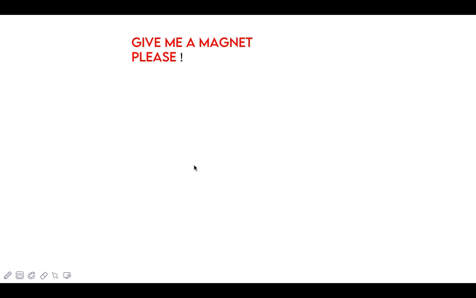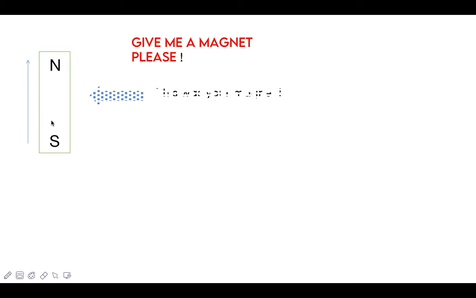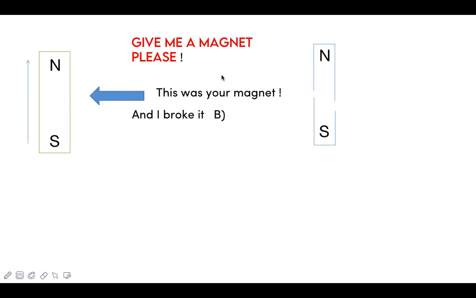Suppose you have a magnet. This was your magnet. And I broke it. Yes, I'm a horrible person. Now, by breaking it, I accidentally made two magnets out of one, each with a north side and a south side.